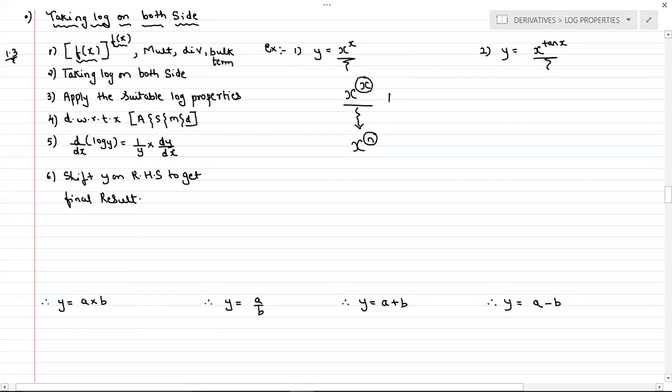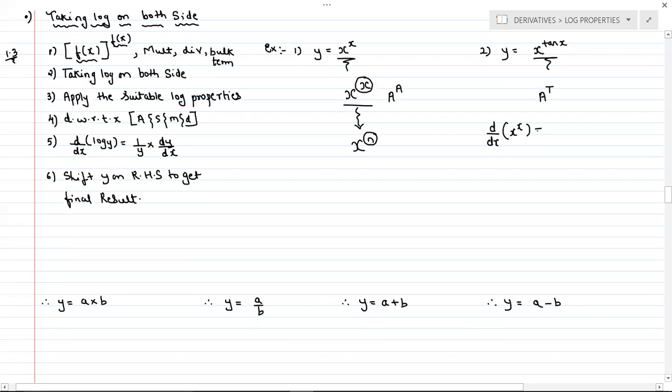So here the function format is what? Algebraical raised to algebraical. In the second example, x is algebraical and tan is what? Trigo. So here the function raised to function is algebraical raised to trigo. So when you see the derivative formulas, there are 21, 22 formulas, yes or no? There you cannot see a formula for derivative of x raised to n.